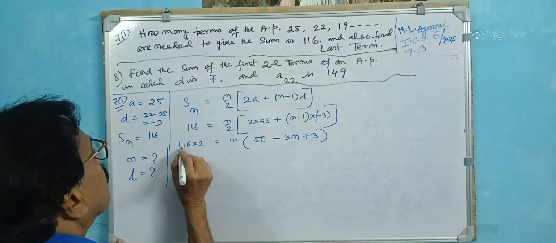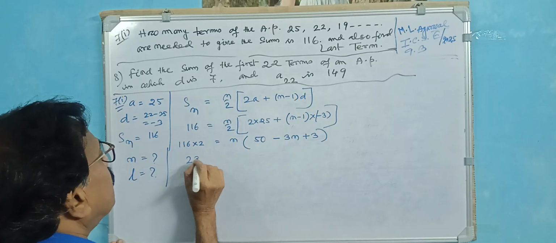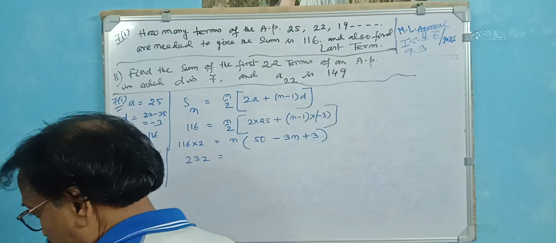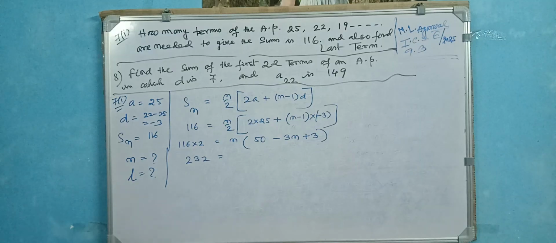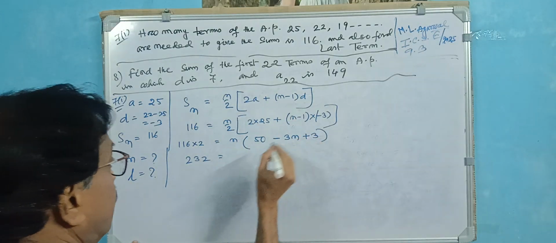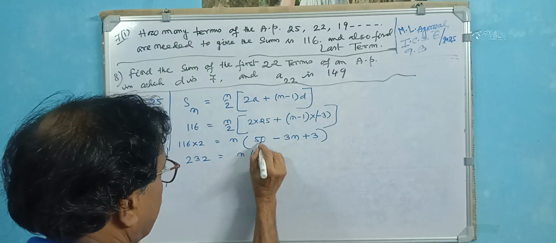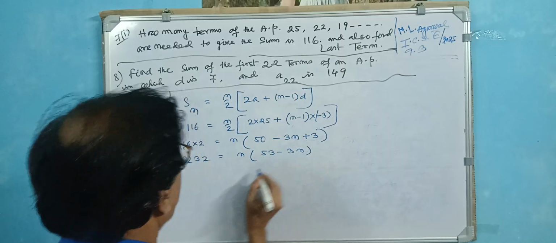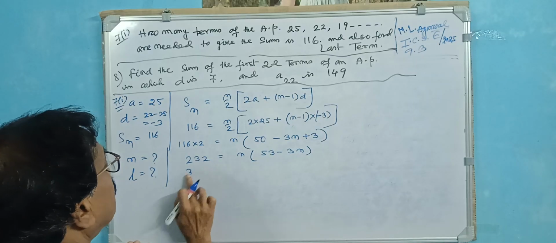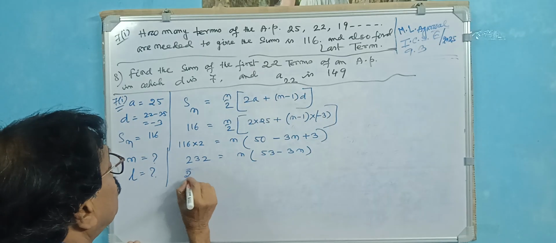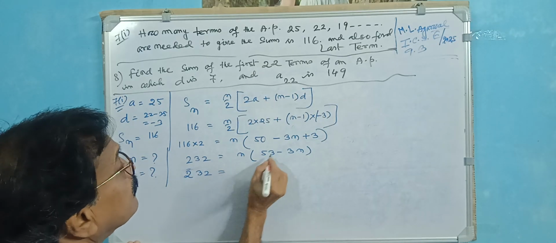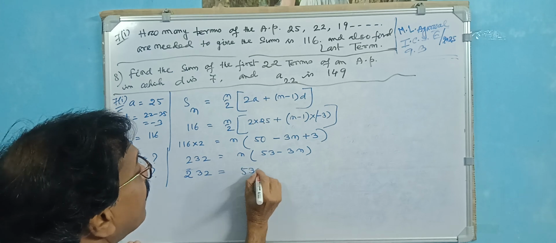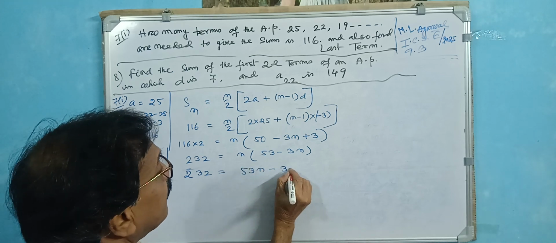So this is 232, that is n into (50 plus 3), which is 53, and this is minus 3n. So ultimately 232 is 53n minus 3n square.